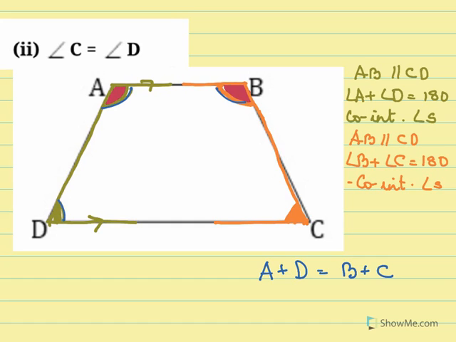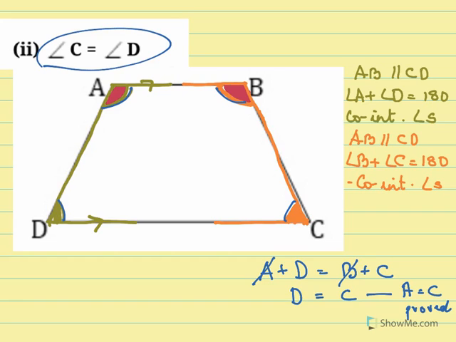But earlier we already showed that A was equal to B, so A and B will cancel. So I get D equal to C. So we proved this D equal to C. This D equal to C, we are going to use it in our next proof.